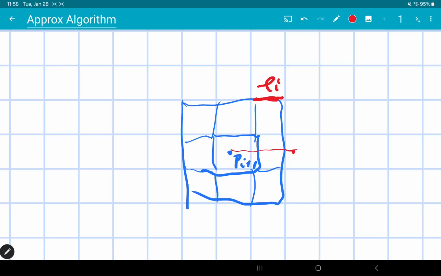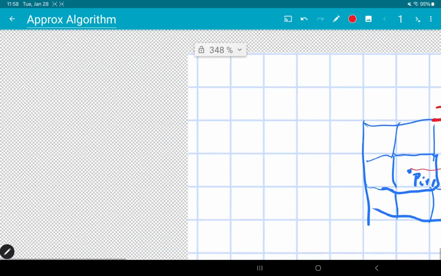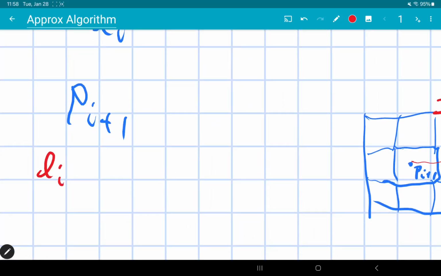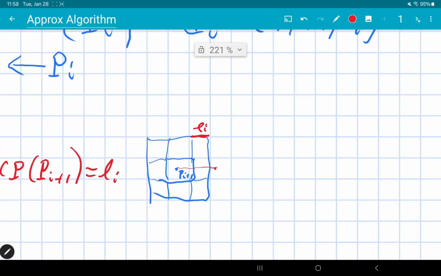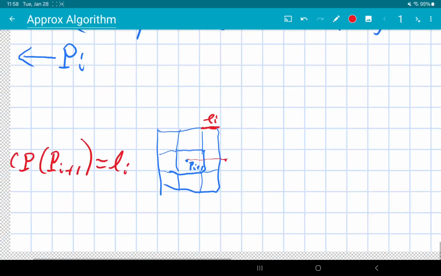So in this case, Pi plus 1 is isolated. And in particular, we have that Li plus 1, the closest pair distance of Pi plus 1, is the same as Li. Nothing changed, right? And the nice thing is that this takes us constant time, right? We just inserted something into the hash table and we are happy, right? So this is if things are lucky. But let's assume that we are not lucky, right? What could be a bad situation?